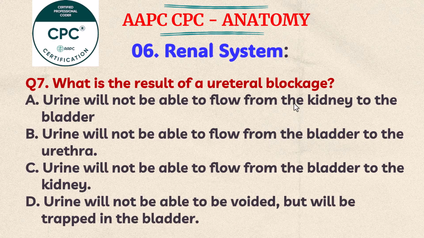Question number 7. What is the result of a ureteral blockage? A. Urine will not be able to flow from the kidney to the bladder. B. Urine will not be able to flow from the bladder to the urethra. C. Urine will not be able to flow from the bladder to the kidney. D. Urine will not be able to be voided but will be trapped in the bladder. Think the answer.